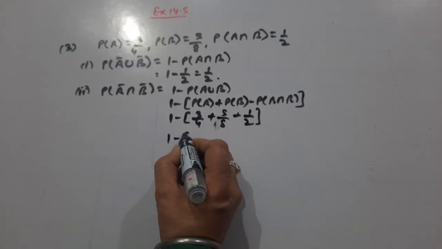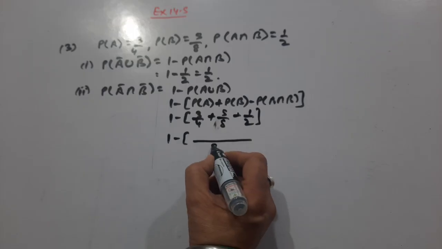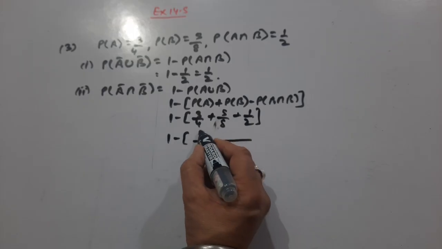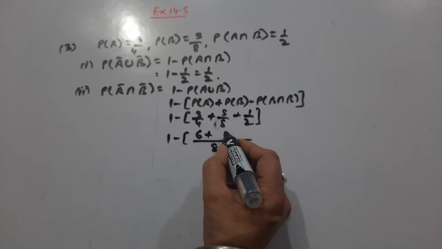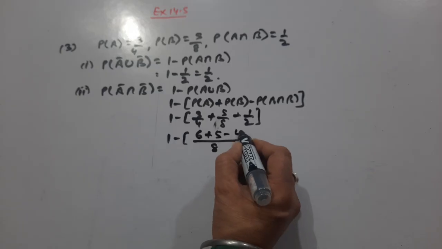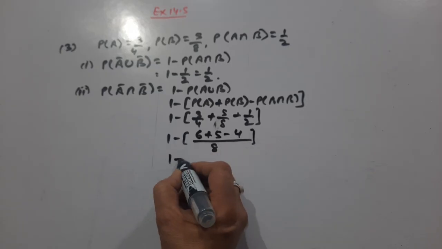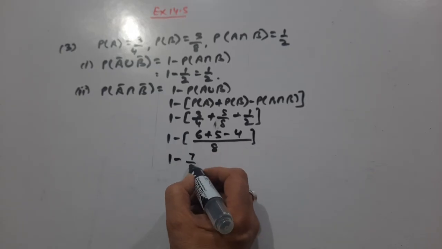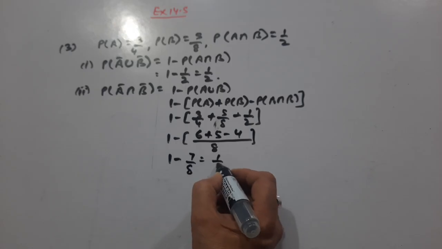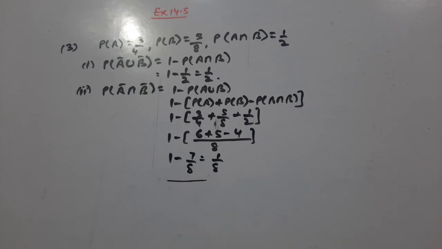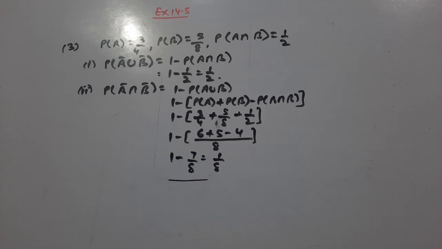So LCM is 8. We get 6 plus 5 minus 4. We get 1 minus 7 by 8. So the answer is 1 by 8. So P of A bar intersection B bar is equal to 1 upon 8.